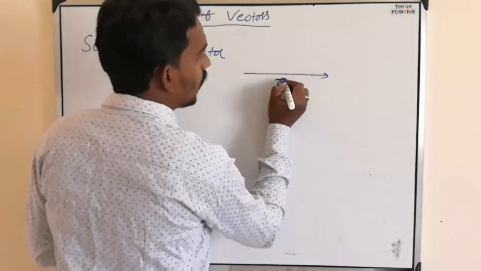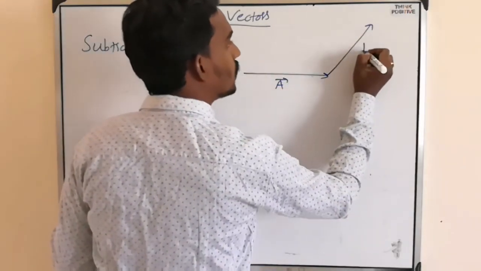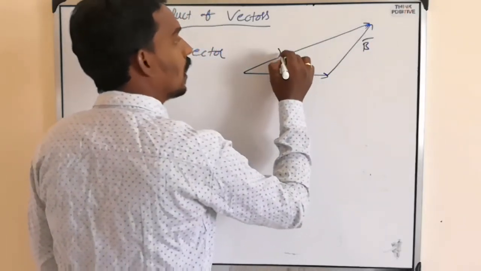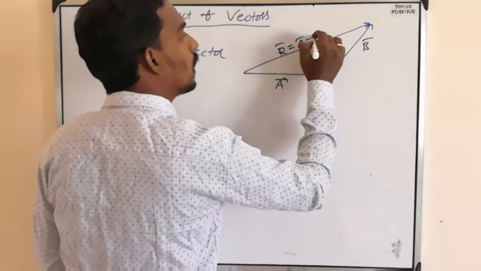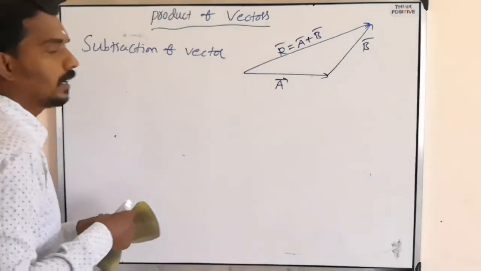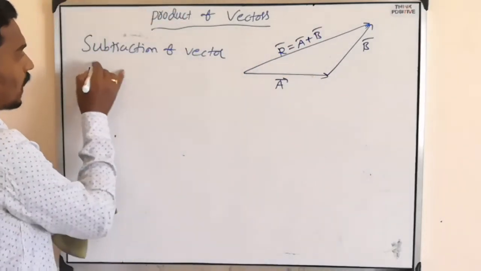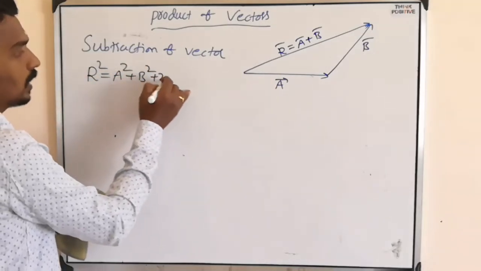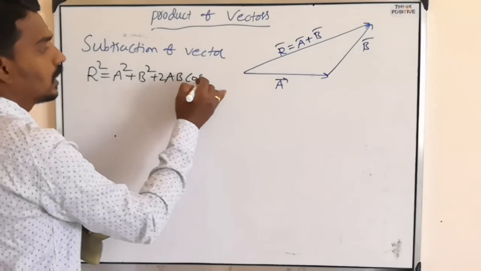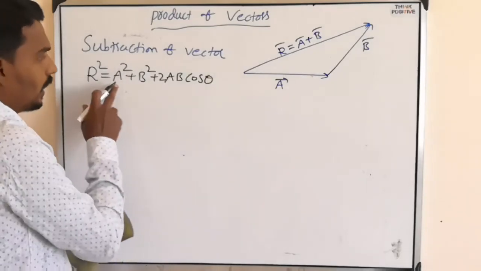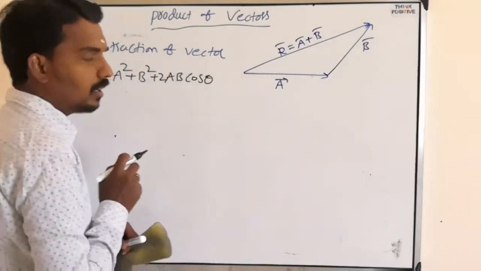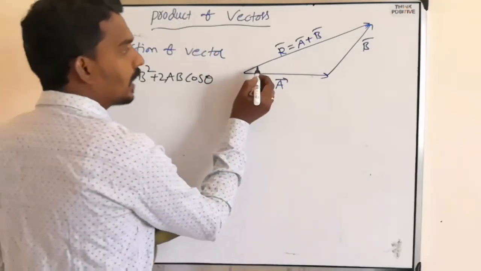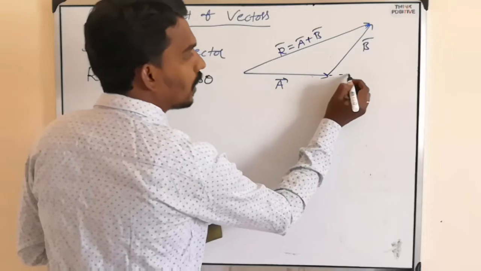Here this is A bar, this is B bar, and this is R bar equal to A bar plus B bar. Then we took the magnitude as R square equal to A square plus B square plus 2AB cos theta, where A is the magnitude of A bar, B is the magnitude of B bar, and theta is the angle between A bar and B bar.